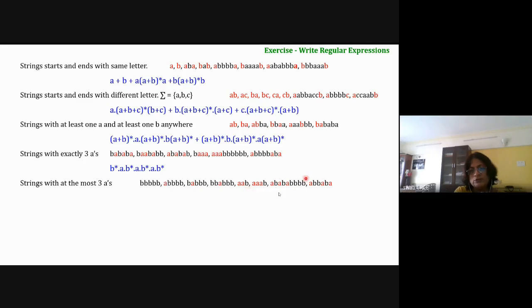Consecutive can also be there, or not. So the maximum number of A's is 3, but the minimum is 0. It cannot be more than 3 A's. So there are or conditions, either 0 times or 1 time or 2 times or 3 times. Maximum 3.